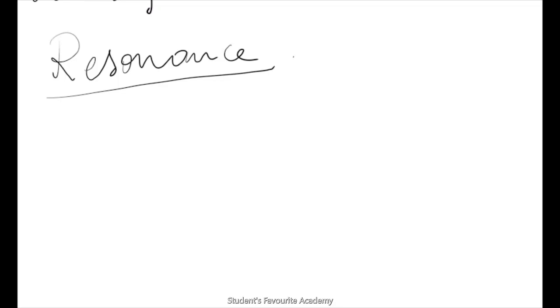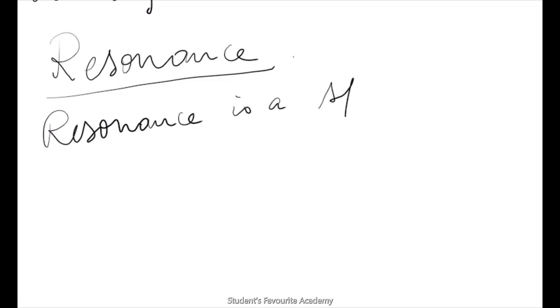Okay. So resonance is a special case of forced vibration. It is a forced vibration only.